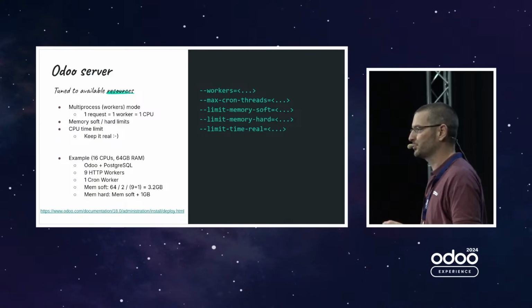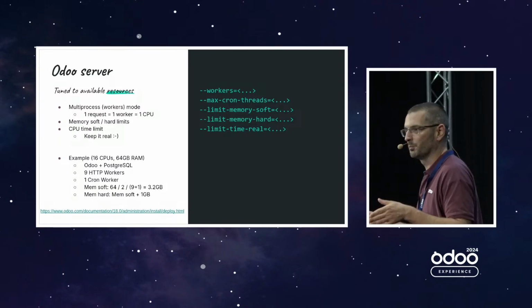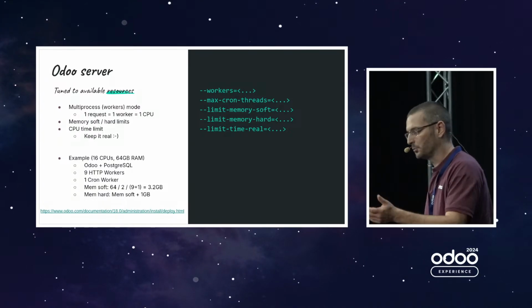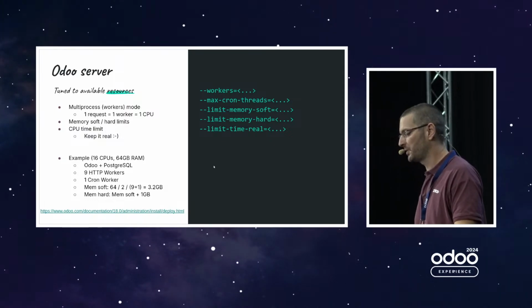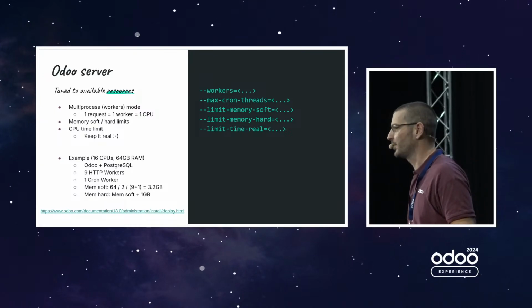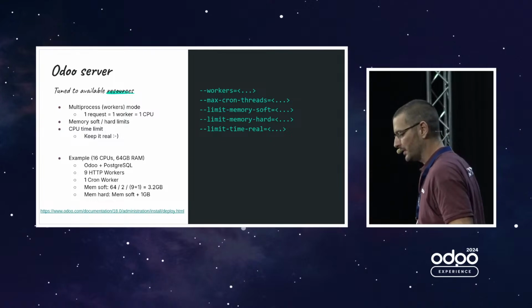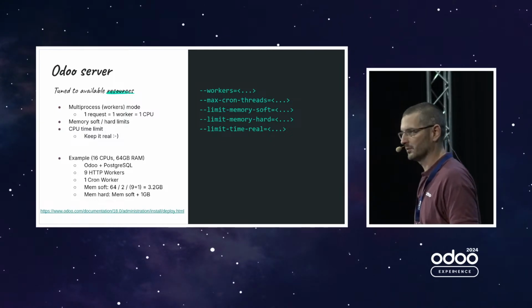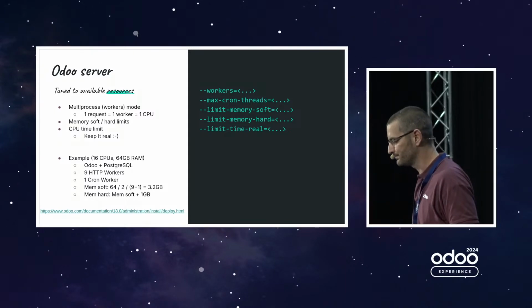So if you have requests which are taking too much time, then your system will quickly become clogged. I would say a decent value here is maybe 1 minute, 2 minutes, and still it should be exceptions. If you have many requests taking that long, it's probably something that you need to tune at the level of Odoo, at the code, for example.